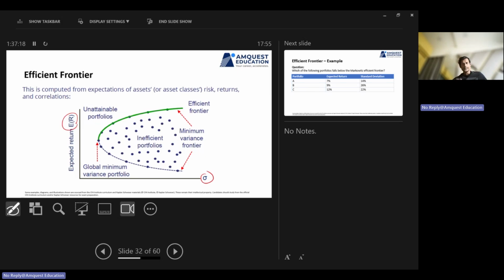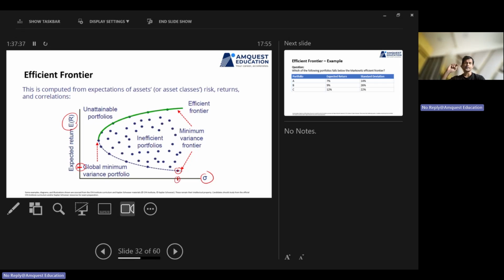Now, you know that as you add more and more assets to the portfolio, your portfolio deviation will reduce, right? So let's say I invested all my assets in asset A. So my risk is this much and my return is this much, right? This is my return and risk.